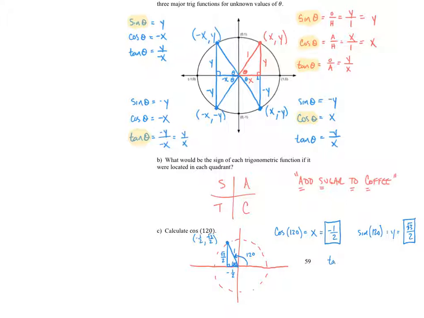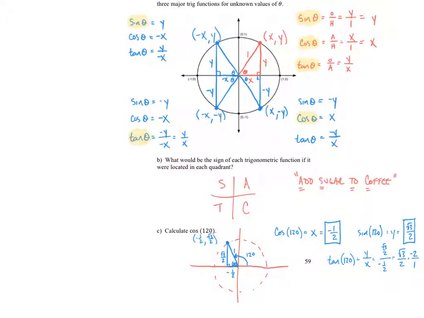If I wanted to do tangent, it would be a little more complicated because tangent requires me to divide my y-coordinate by my x-coordinate. So that's going to be radical 3 over 2 divided by negative 1/2, which is the same as radical 3 over 2 times negative 2 over 1.